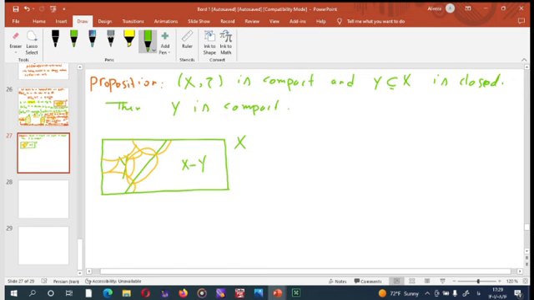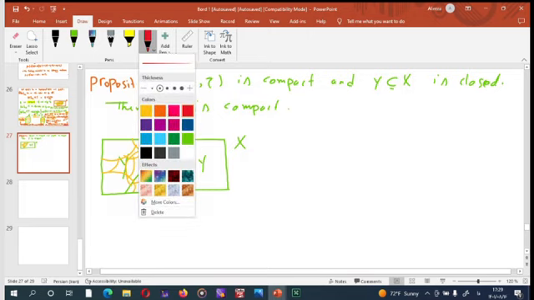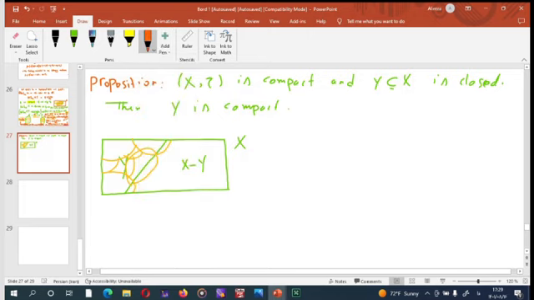Now we see that this open set added to this open cover consists in open cover for whole of X, but X is compact, so that a finite number of this must be covered X, so that we found a finite subcover for Y, so that we can write its proof by this method.